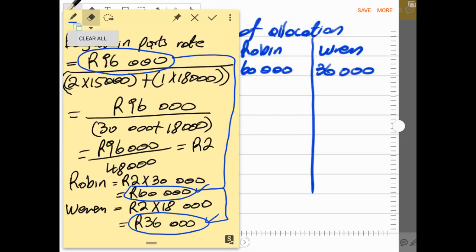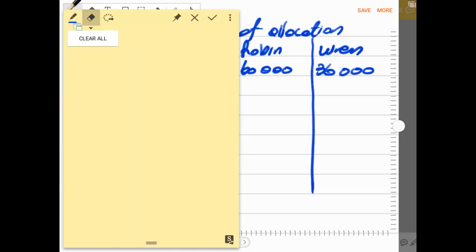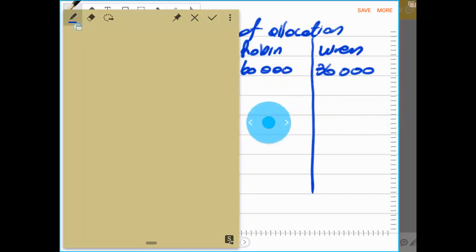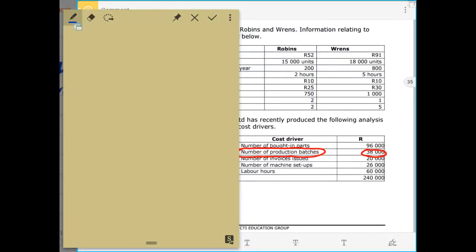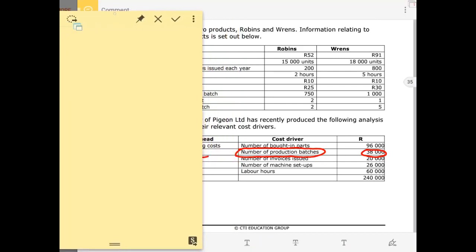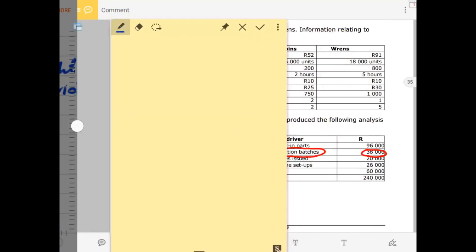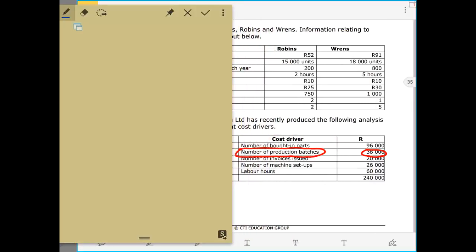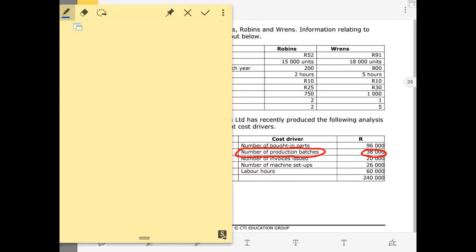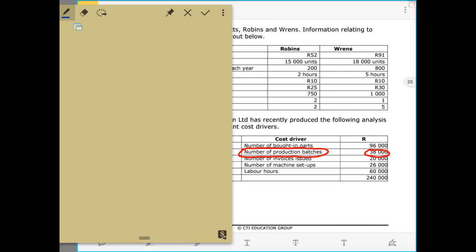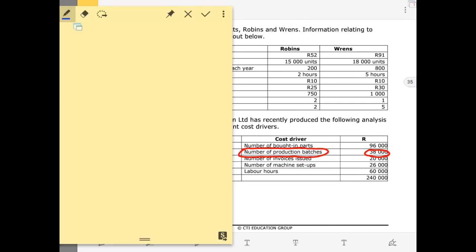Let me just erase here. So now our material handling cost, we know that it is an amount of 38,000 rands. So now let us do the rate again.